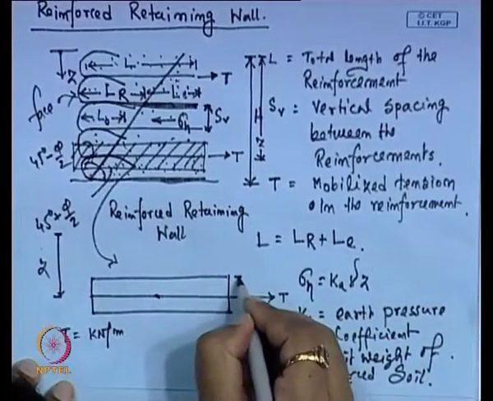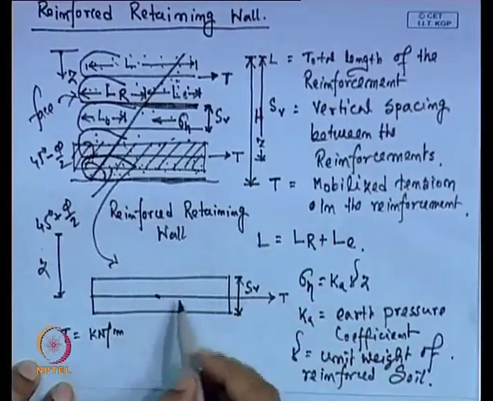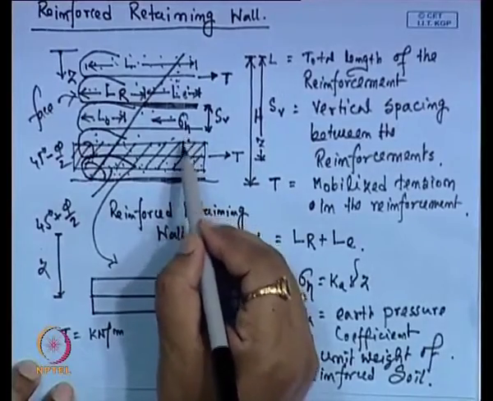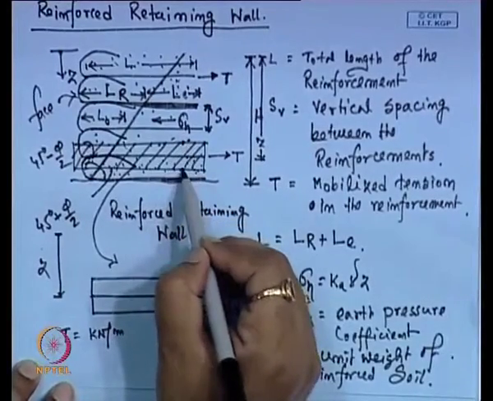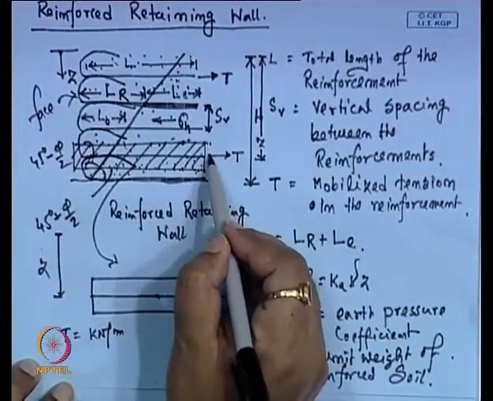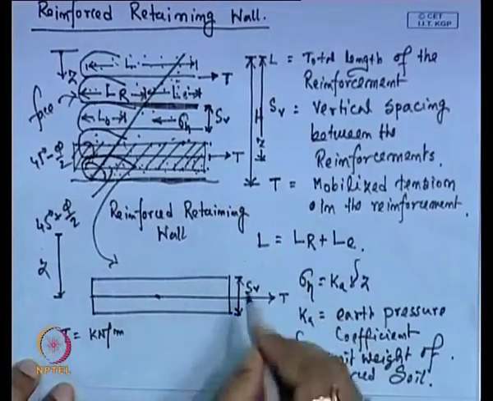That is equal to S V, because here we have taken this segment from the center between two reinforcement layers to the center of the next two reinforcement layers. So, this is S V by 2 plus S V by 2, this is S V.